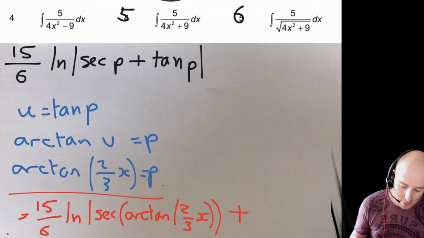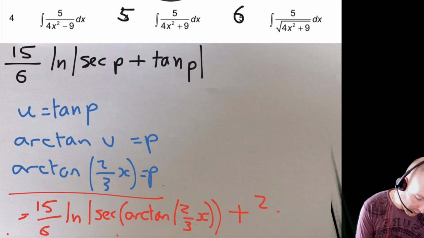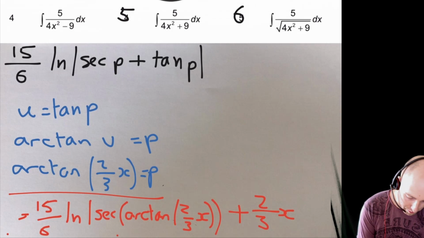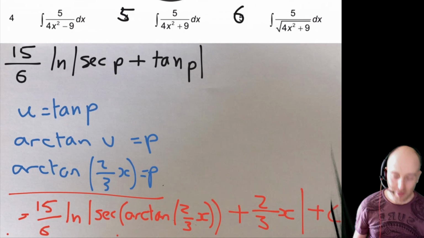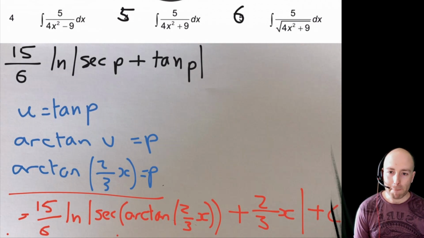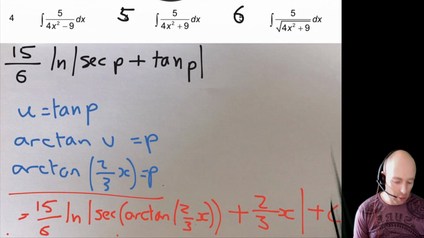Tan of arctan is going to cancel. We're just going to get 2/3 x there. So yeah, plus c. That's my integral for number 5 there. All right, has anybody got any questions, or is that okay? Horrible integral.